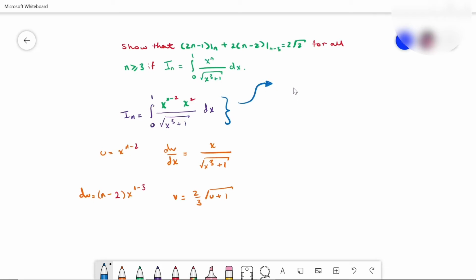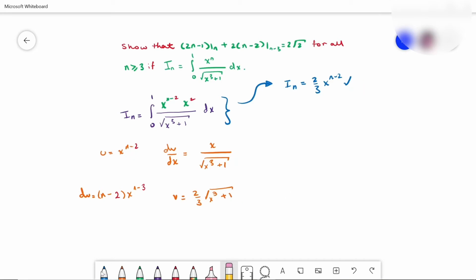So what we're going to get is I of n equals, so we're going to have u times v. So 2/3 of x to the n minus 2 times the square root of u plus 1 here, sorry, this is meant to be x cubed plus 1, because we defined u to be x cubed.